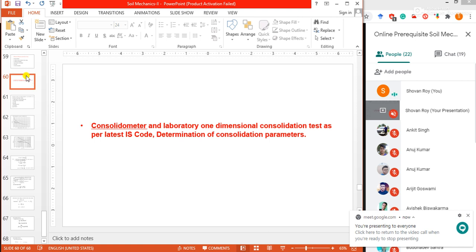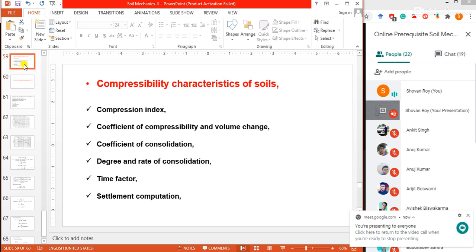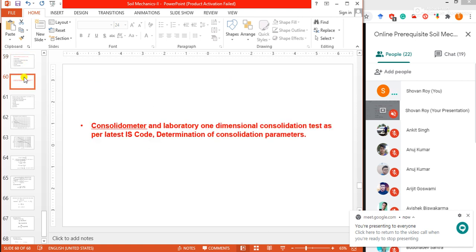So with compressibility characteristics of soil, we also have to learn the consolidometer and laboratory one dimensional consolidation test as per latest IS code, and determination of consolidation parameters.